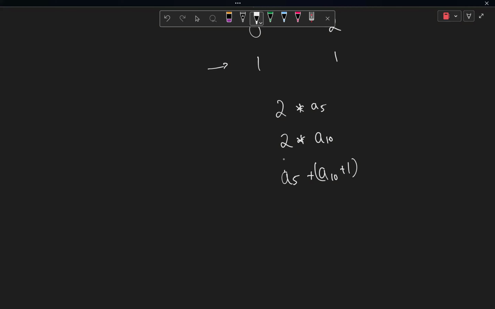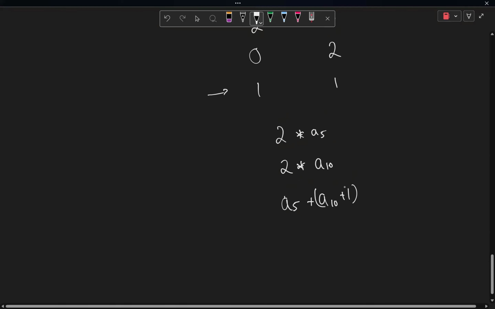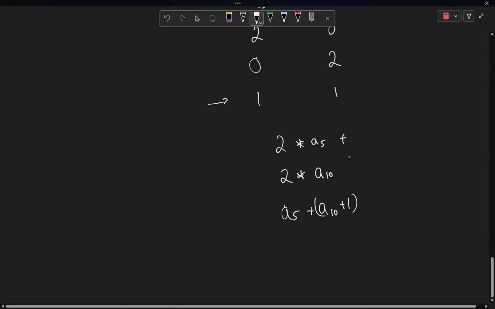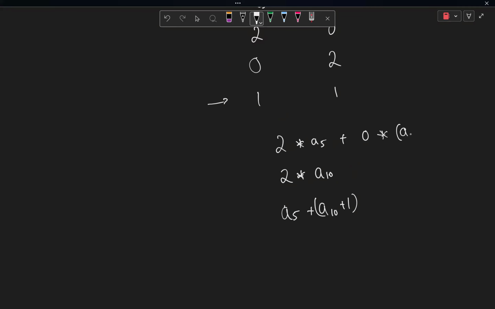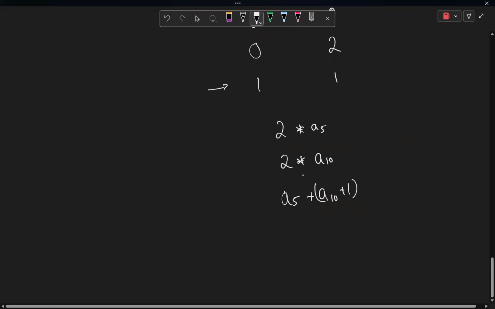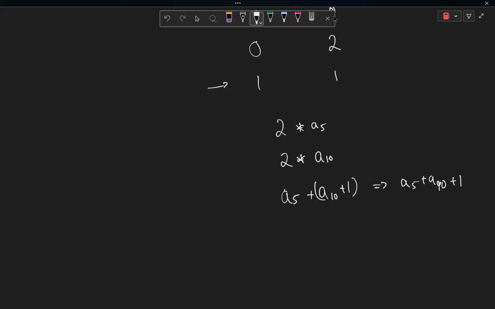This would have been there in the other cases also. Like here also, you would have got an inflation for the A10 of 2, but since you were not buying on that date, it did not affect. Here the thing is A5 plus A10 plus 1.